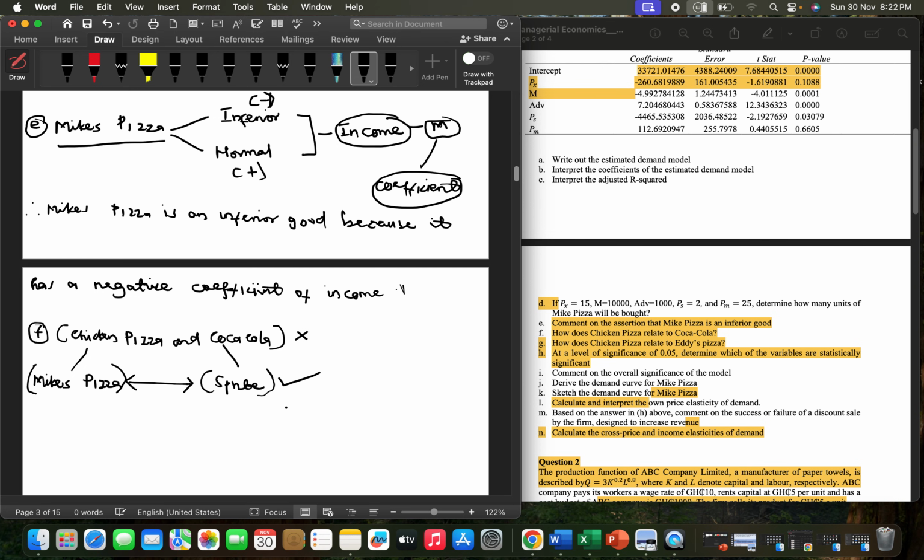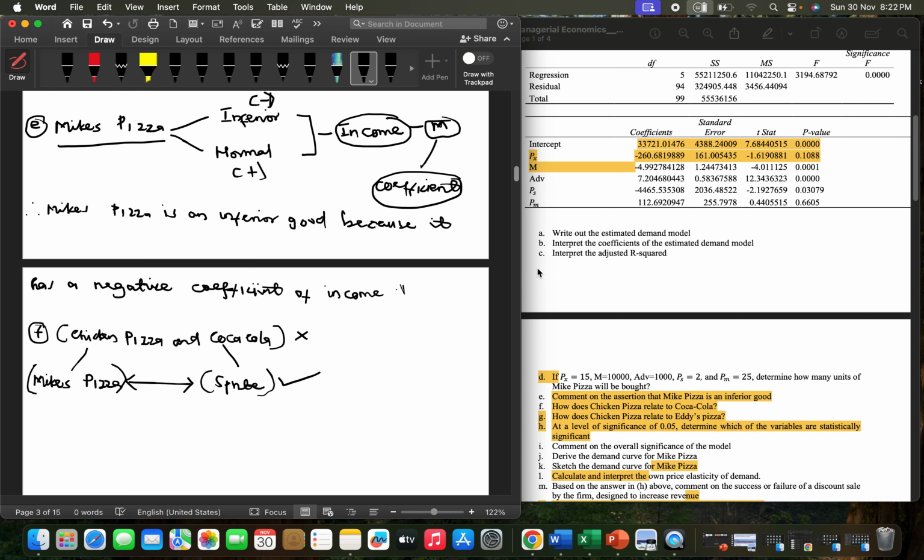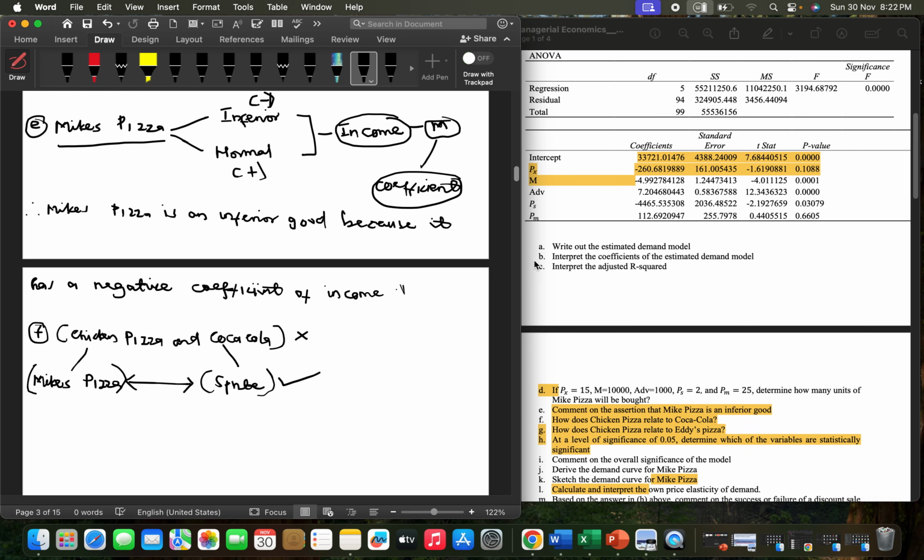So how does Mike's Pizza? So the correct one is how does Mike's Pizza relate to what? Sprite. So when you check the question from the side, how does Mike's Pizza relate with what?